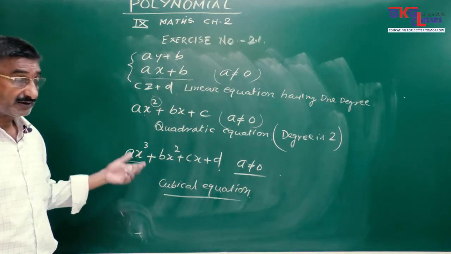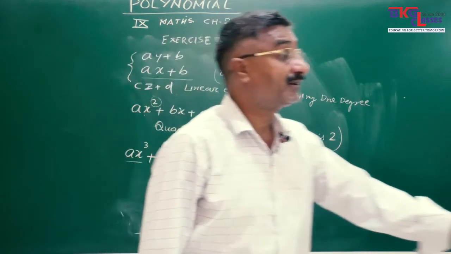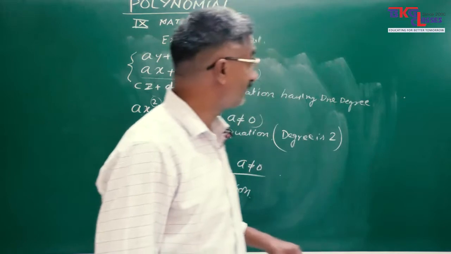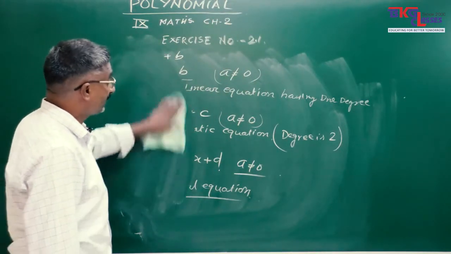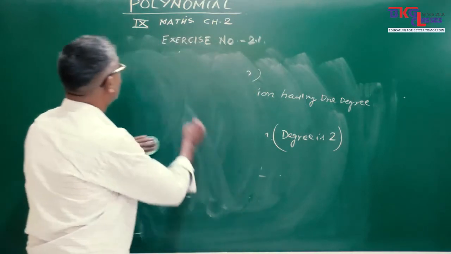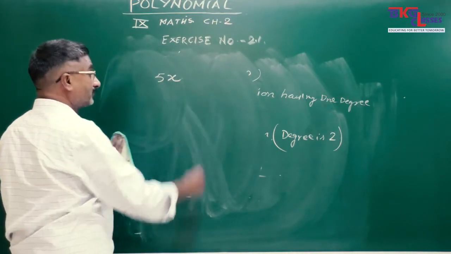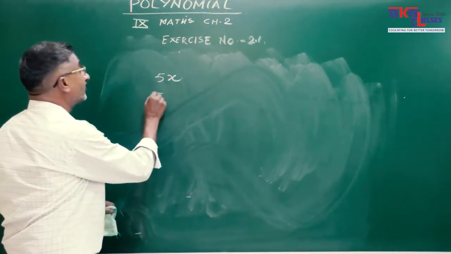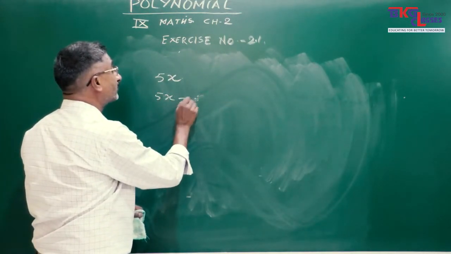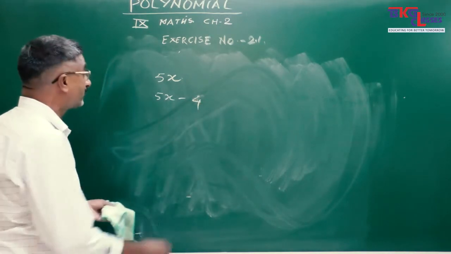The meaning is clear. Now it is not necessary that there should be 3 terms or 4 terms. I will write a few examples of linear equations. 5x, this is a linear equation. 5x minus 4, linear equation.